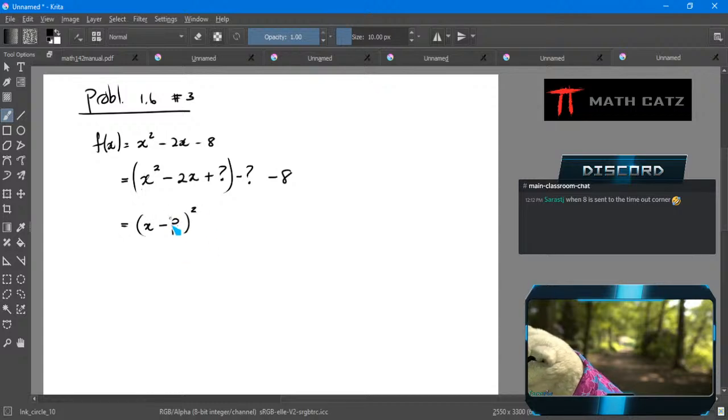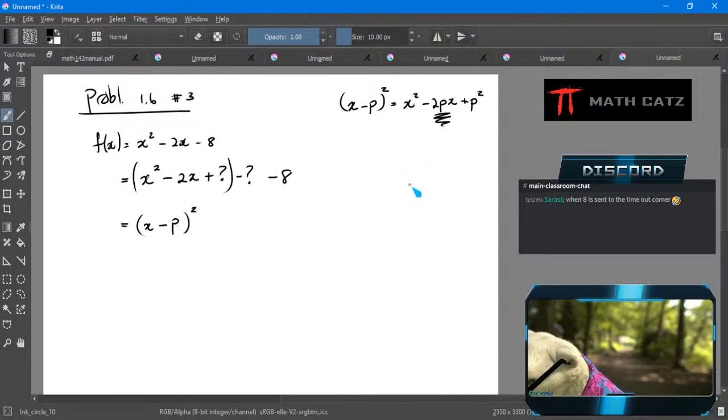I just need to figure out what this P should be to fit with the x squared minus 2x plus something. Well, if I take my (x minus p) squared as if I had it, and I simplify it, it's going to be the first one squared, the product of the 2 times 2, and the last one squared.